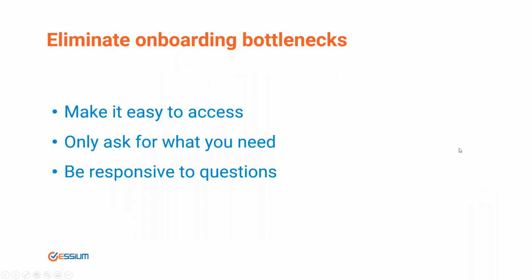So shifting gears now to some best practices that you can employ as part of your onboarding strategy, especially as you're putting in technology. The first one I have is make it easy to access. What I mean by that is often with technology, you're going to have a login, and that turns into almost the first barrier and major friction point to getting through your onboarding process.